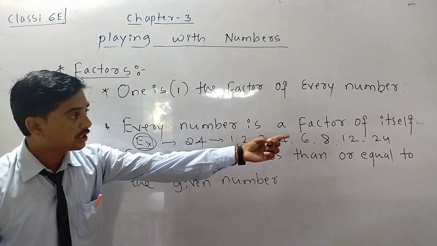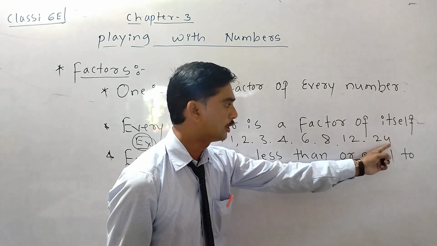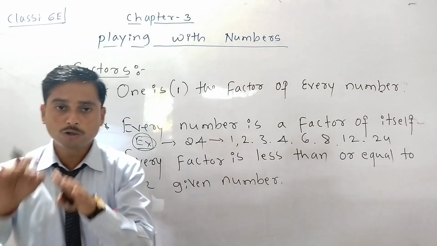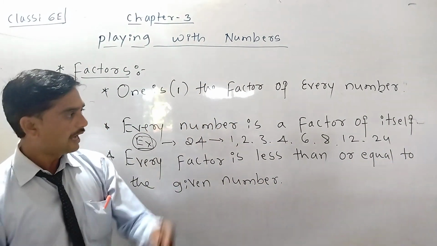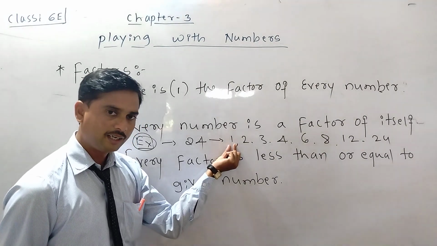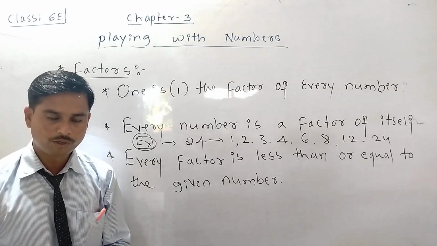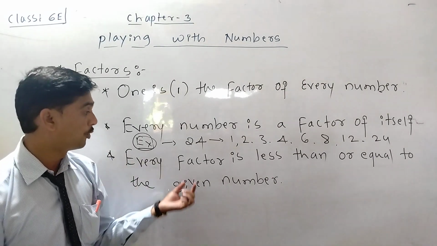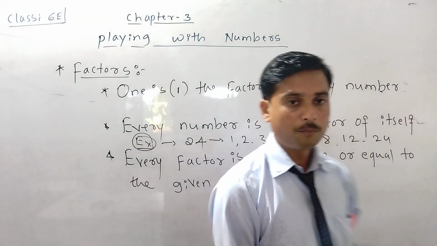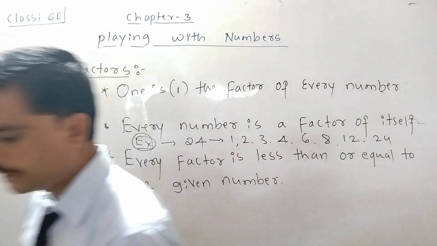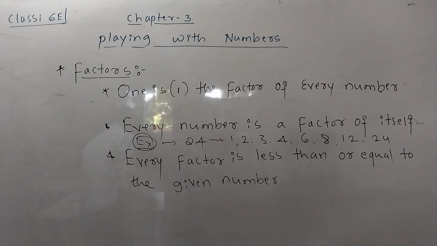Then which is the last factor? Sir, the last factor is 24. Then equal to 24. Then again 1 is there. Yes, 1 is a factor of every number. It is a very important point. Remember, all of you write down these points. And next point.